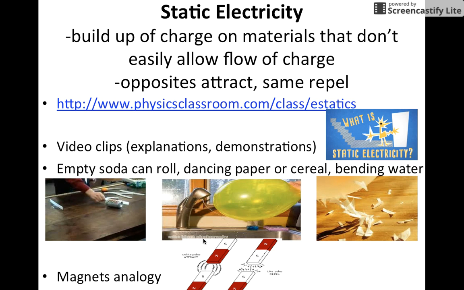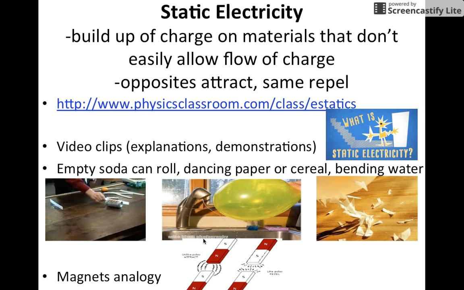So that's why the charge just sits there. That word static means not to move. They may recall static friction and the use of the term static. So static friction, before it moved. So same thing here, static electricity meaning that it's not a flow like current electricity.